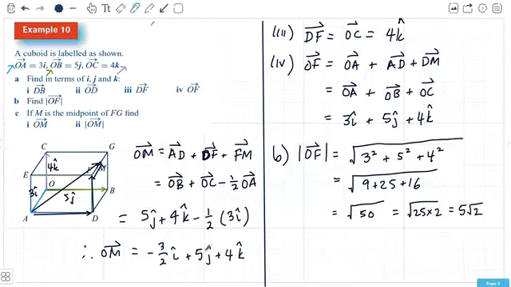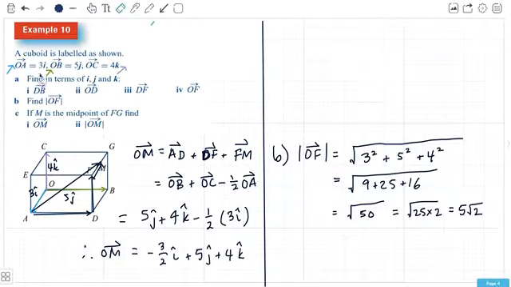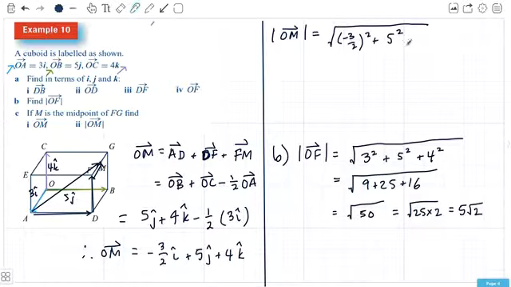Cool. The next thing that we want to look at to finish off here is going to be OM's magnitude. And again, I'll just get rid of this section here. Got a bit more room. So magnitude OM equals the square root of, and then all we have to do is take what's in front of the I, square it, what's in front of the J, square it, and what's in front of the K, and square it.